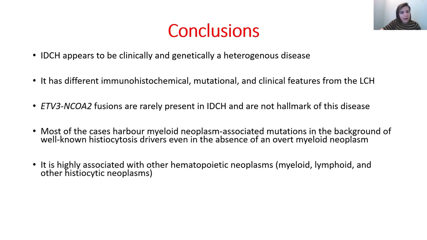And most of the cases harbor myeloid neoplasm-associated mutations in the background of well-known histiocytosis drivers, even in the absence of an overt myeloid neoplasm. And it is highly associated with other hematopoietic neoplasms. It can be myeloid, lymphoid, and other histiocytic neoplasms. And thank you very much. I hope I convinced you that it's not just about a negative Langerhans stain.